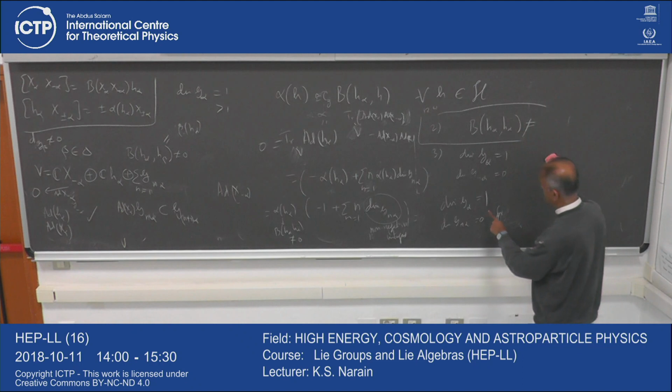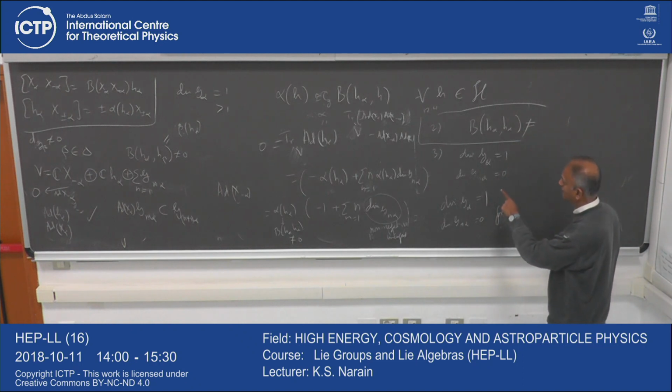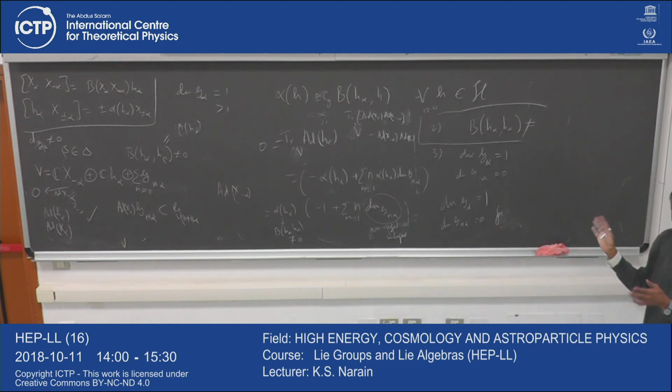So that's a very important point now, right? We have obtained an amazing result. If you are in any semi-simple Lie algebra, and I have a root alpha, then it is only one dimensional. There is only one eigenstate with a given alpha. And moreover, if alpha exists, then 2 alpha doesn't exist, 3 alpha doesn't exist. Only plus and minus, x alpha and x minus alpha.